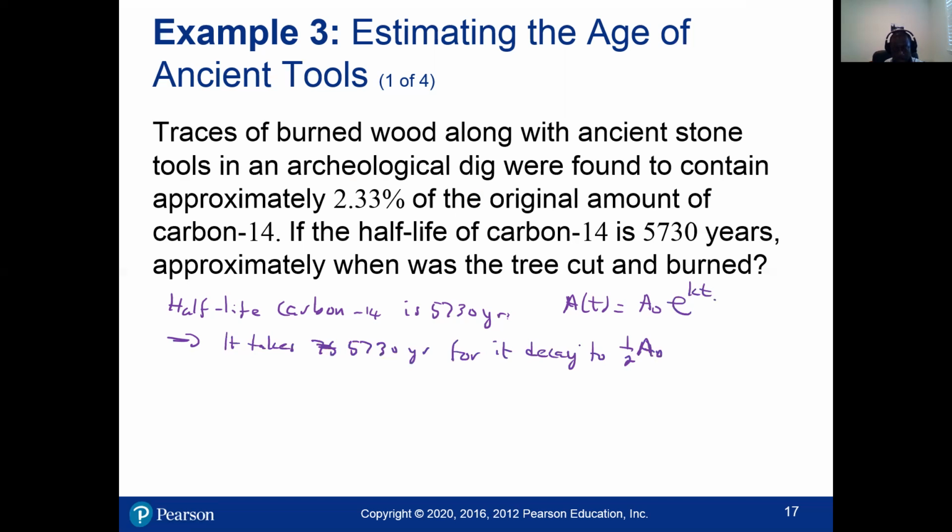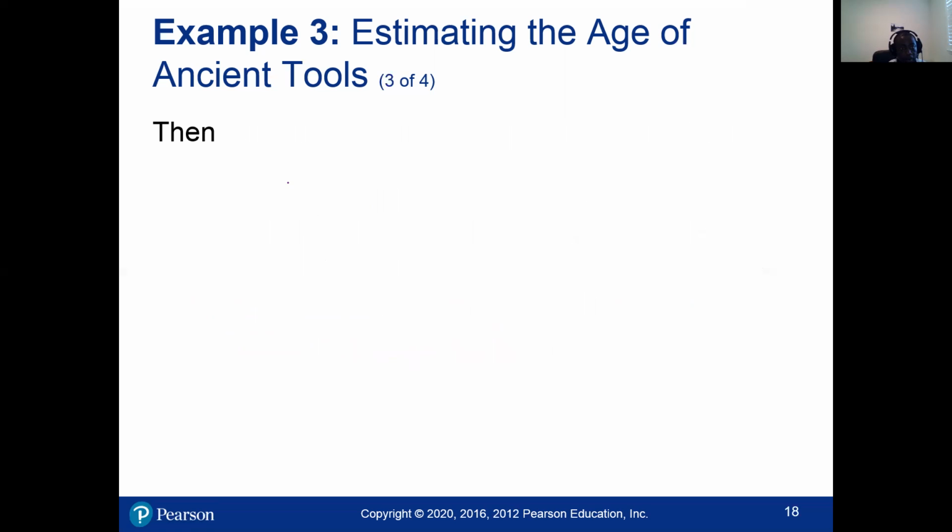Okay, so if that's the case, then we're going to solve for what? A of t. Your A of t is equal to half of A naught, into the formula. All right, so our formula is A of t is equal to A naught e raised to k times t.